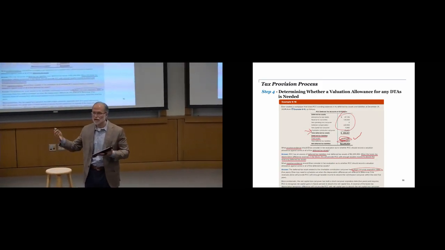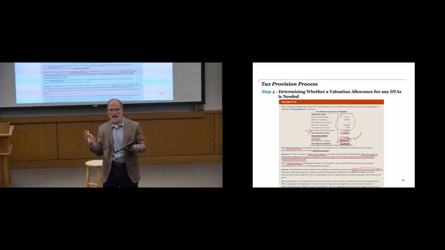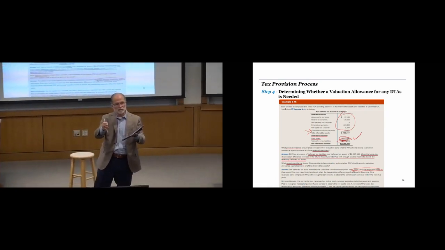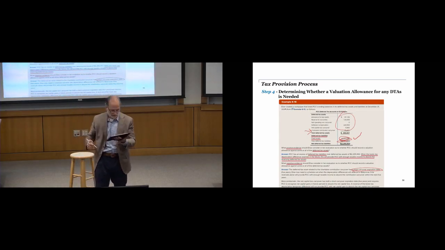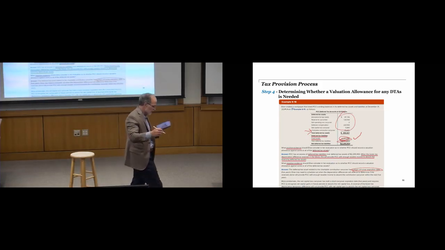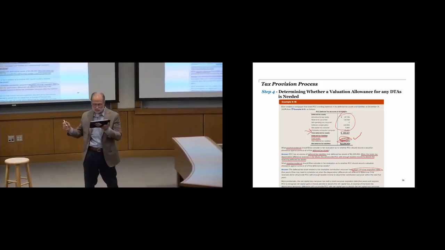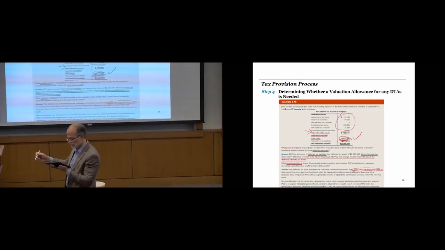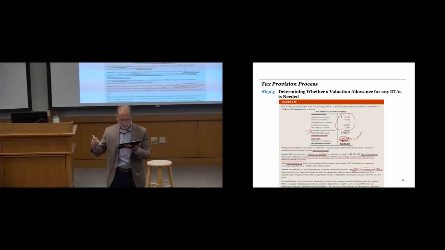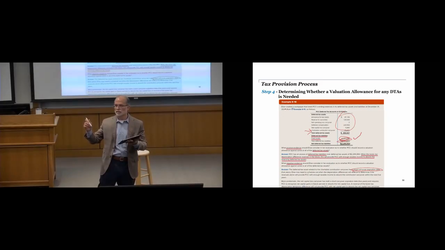So I need to schedule out and have enough taxable income in those years. Beyond those years, it doesn't help me with that deferred tax asset, right? So she may need to schedule out her depreciation deductions. It will reverse to determine if reversals alone provide enough taxable income to absorb the contribution carryover attributes.